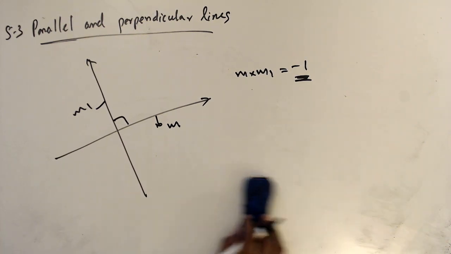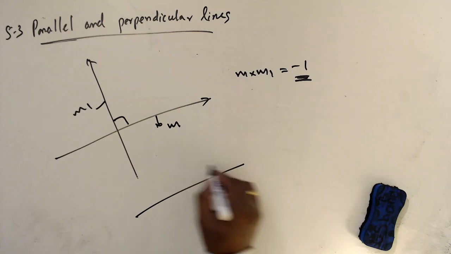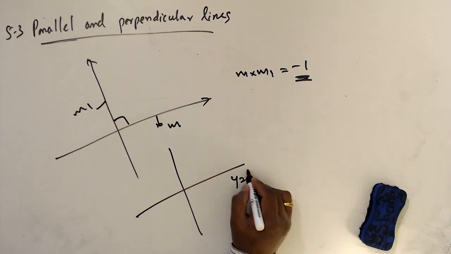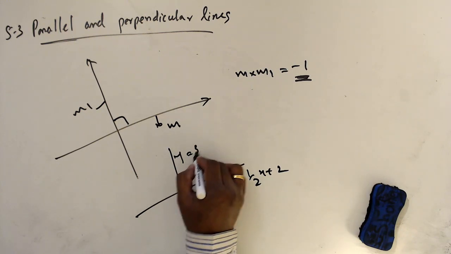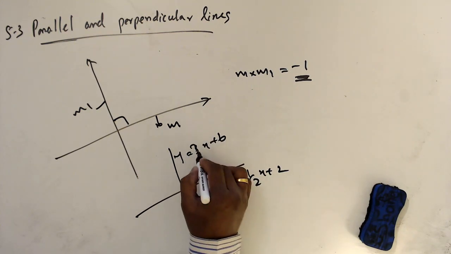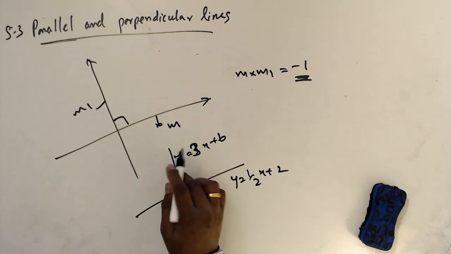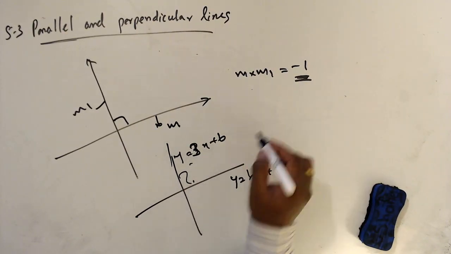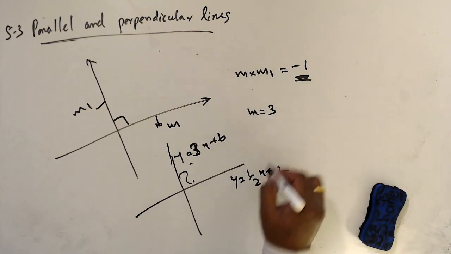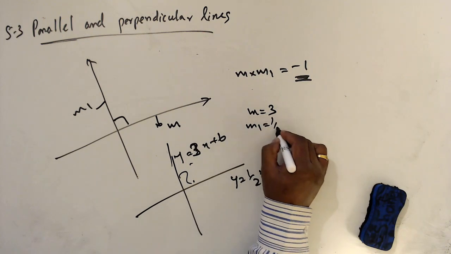So on this basis, we can check if we have two lines, y equal half x plus 2 and y equal 3x plus 6. I want to check whether these two lines are perpendicular or not. So I will get this gradient m equal 3, m1 equal half.